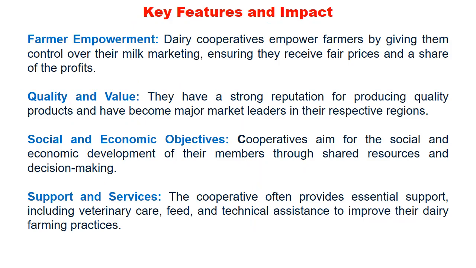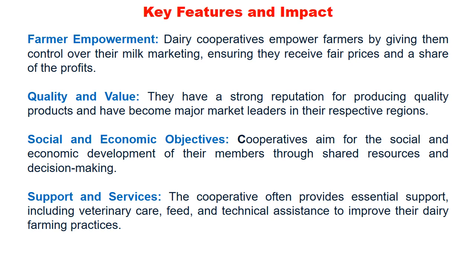Now here we will see in general the key features and impact of cooperatives. First one is farmer empowerment. The dairy cooperatives empower farmers by giving them control over their milk marketing, ensuring they receive fair prices and a share of the profits.